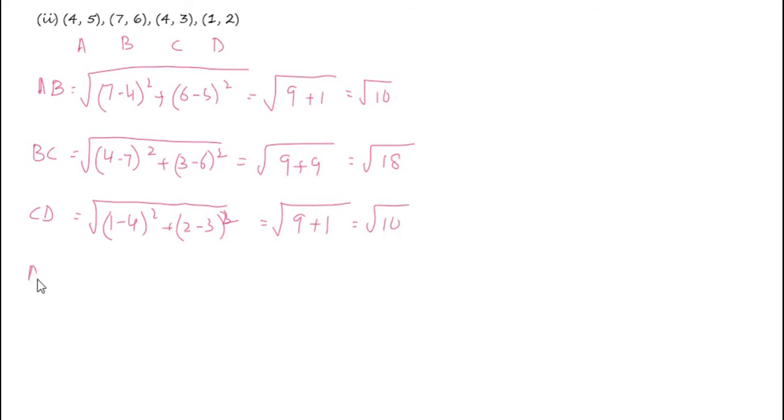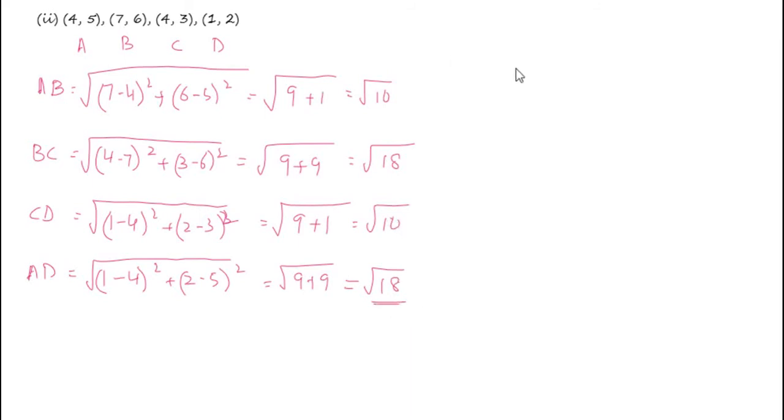The last one, AD. A is x1 y1, D is x2 y2. So AD is x2 minus x1, 1 minus 4 whole square, plus 2 minus 5 whole square, that is equal to square root of 9 plus 9, that is square root of 18.